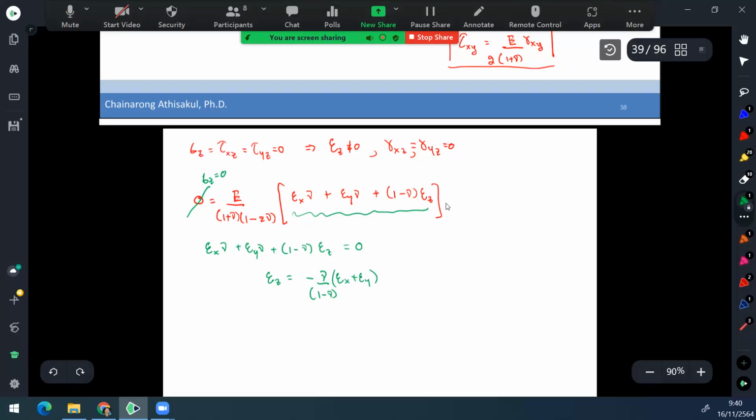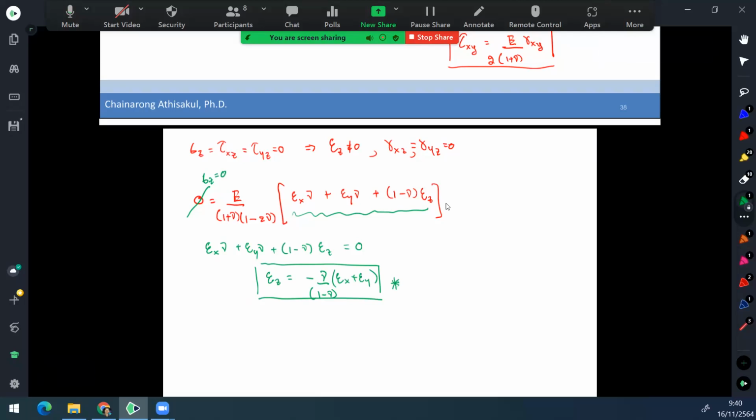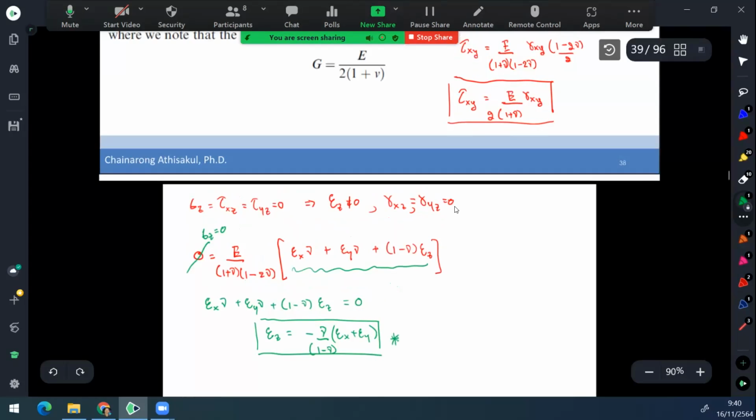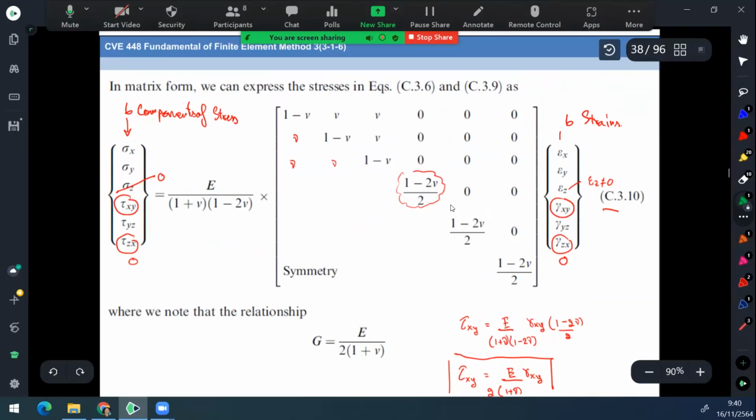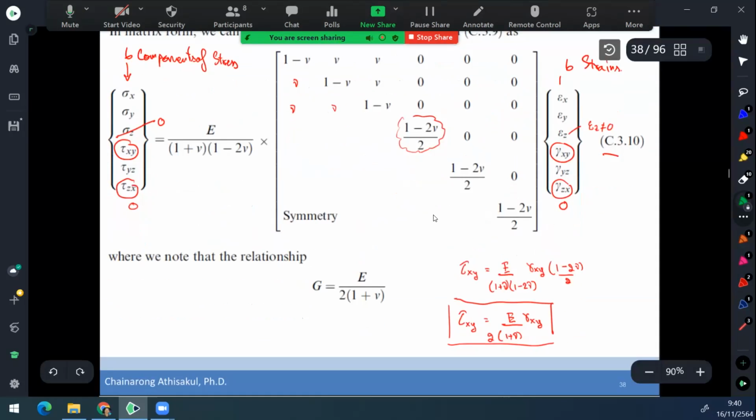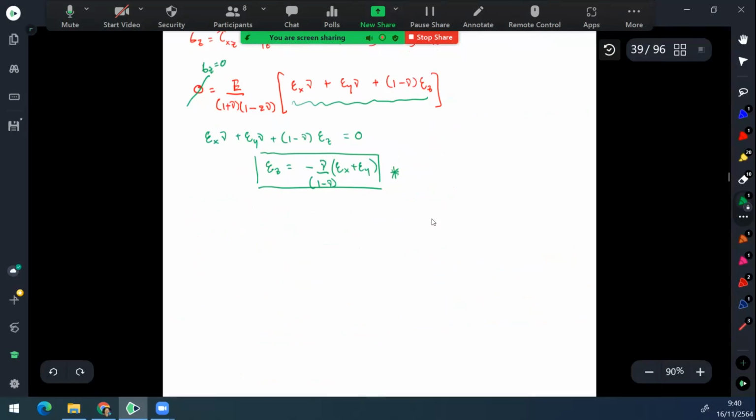So for the plane stress problem, we have this condition: epsilon c is equal to minus nu over 1 minus nu times epsilon x plus epsilon y. From this condition, we substitute back into sigma x and sigma y. I will show you just sigma x.